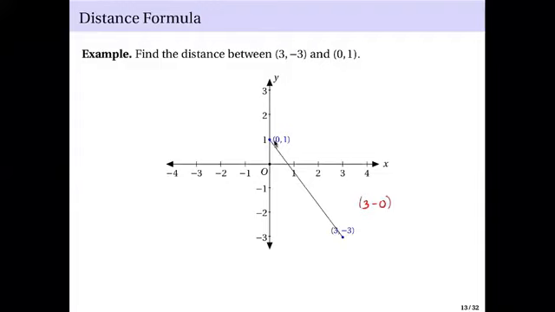You square that, plus the y-coordinate here, which is negative 3, minus the y-coordinate there, so minus 1, and then you square that. You get the square root of this, and this is equal to the distance. So just the coordinates of the points is more than enough for us.